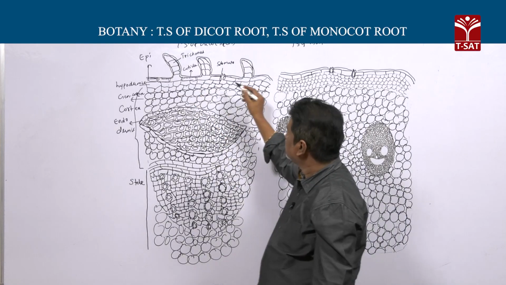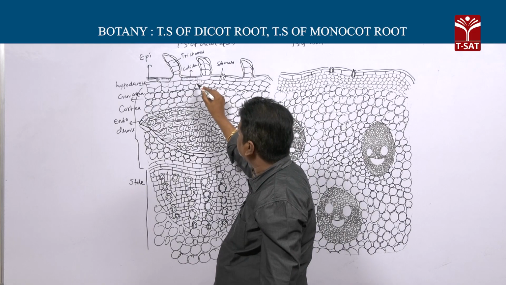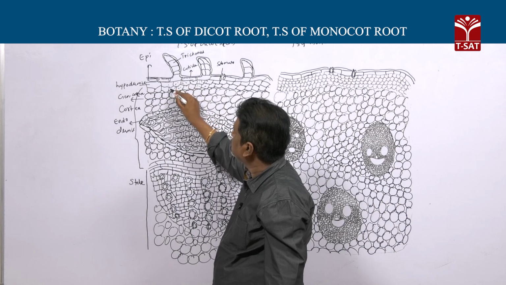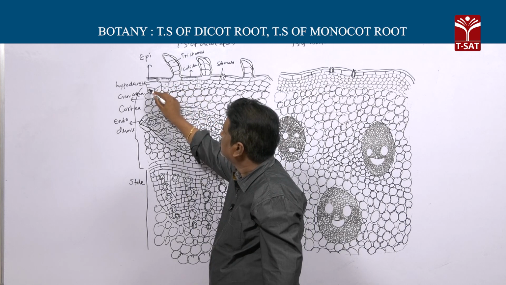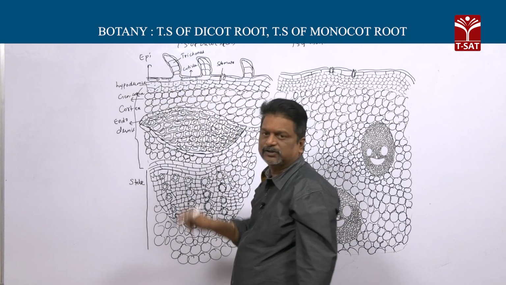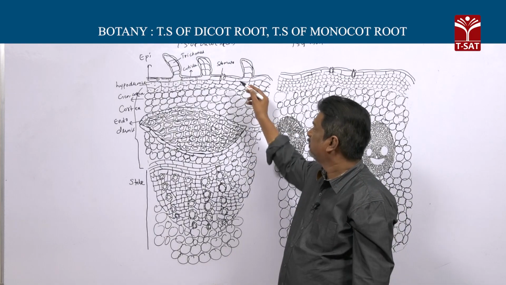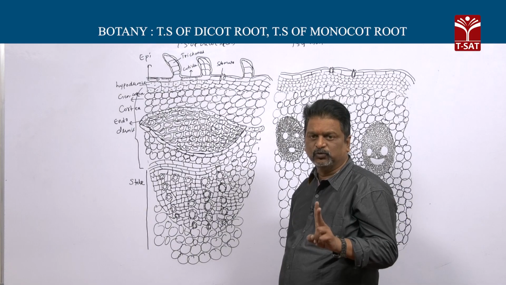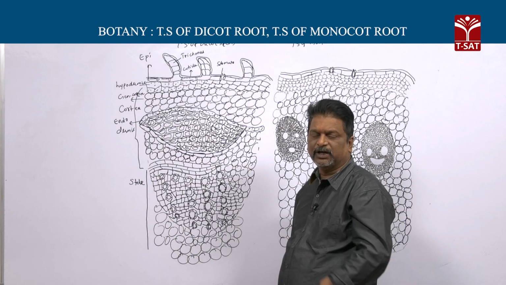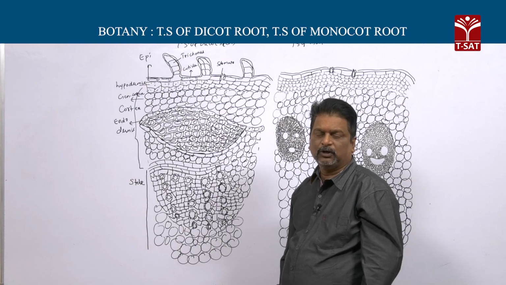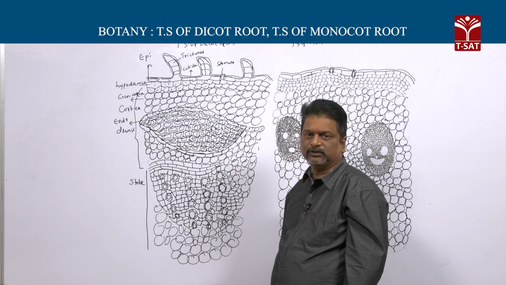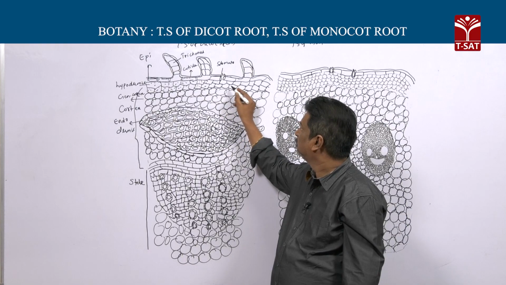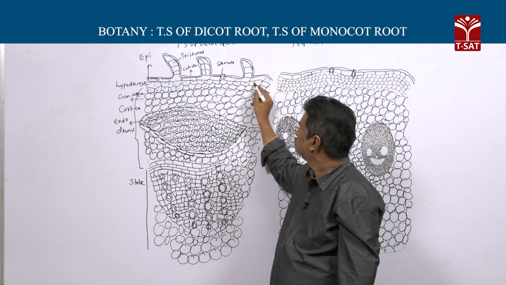Then this living tissue, in young stem, it contains chloroplast, so it helps in photosynthesis or assimilation. So function of collenchymatous hypodermis, two. One is it gives elasticity or tensile strength, and second one, photosynthesis or assimilation.